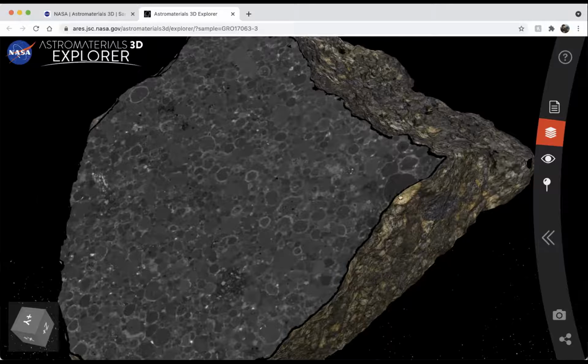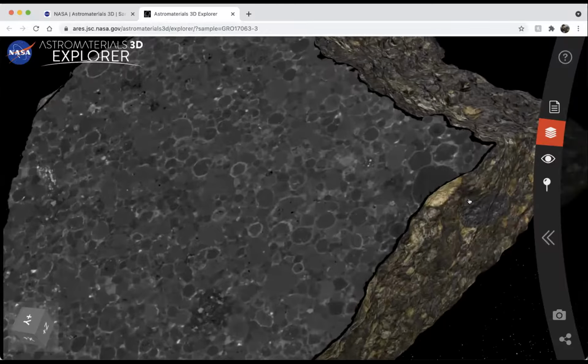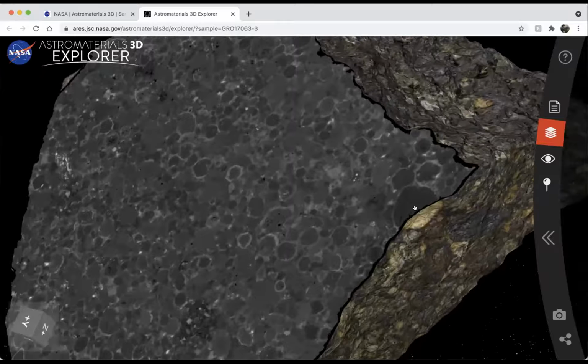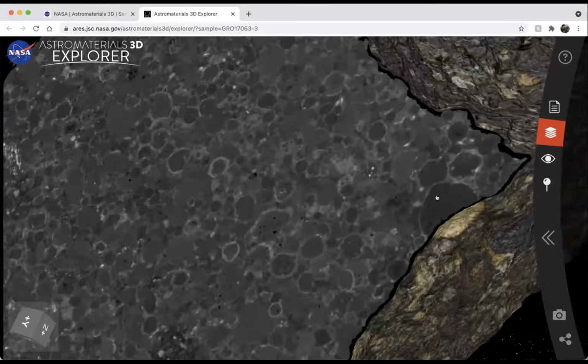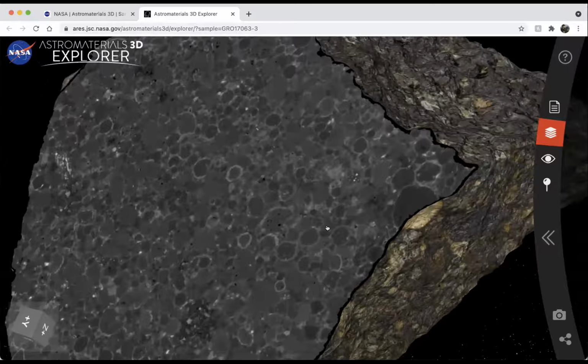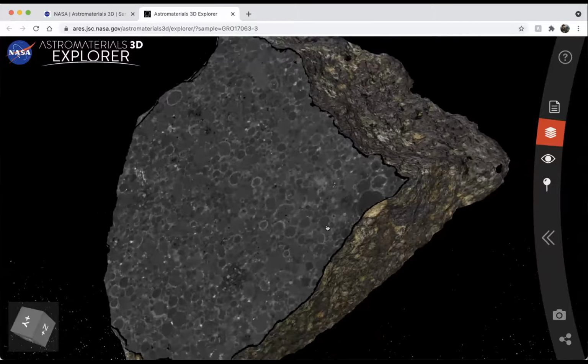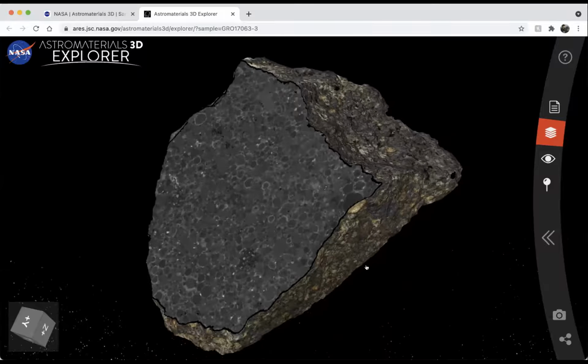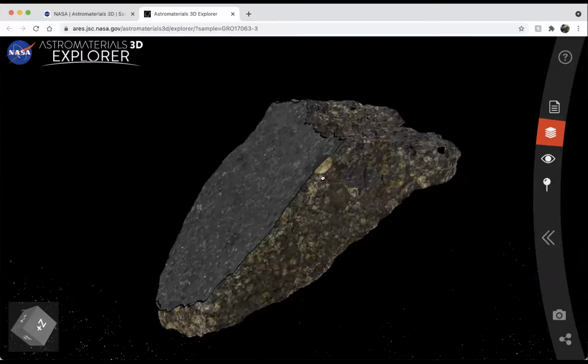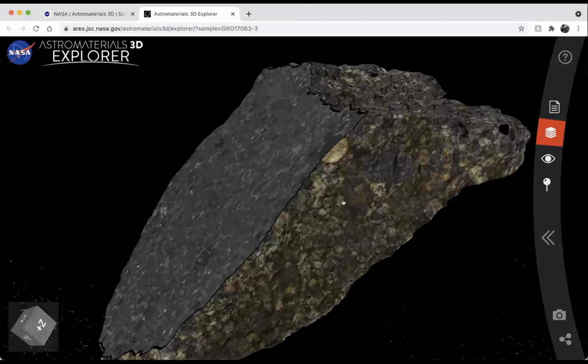this kind of feature where you can see the chondrule even on the outside of the rock and then see it interiorly. And if you zoom in even a little bit farther, you can start to even see the structure, the crystalline structure of this particular chondrule. So this is an exciting way to start to understand how to look at these samples.